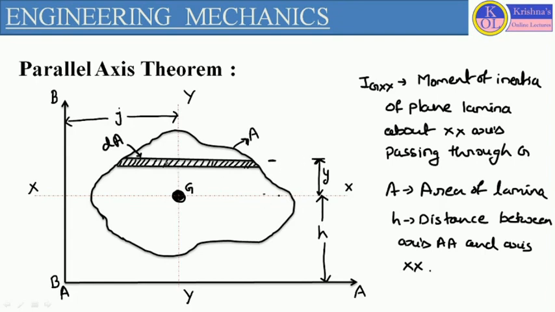So if we want to define the total distance of this small elemental area dA from axis AA, it should be h plus y. So this total distance should be h plus y. Now here if we want to define the moment of inertia of this small elemental lamina of area dA about axis AA.